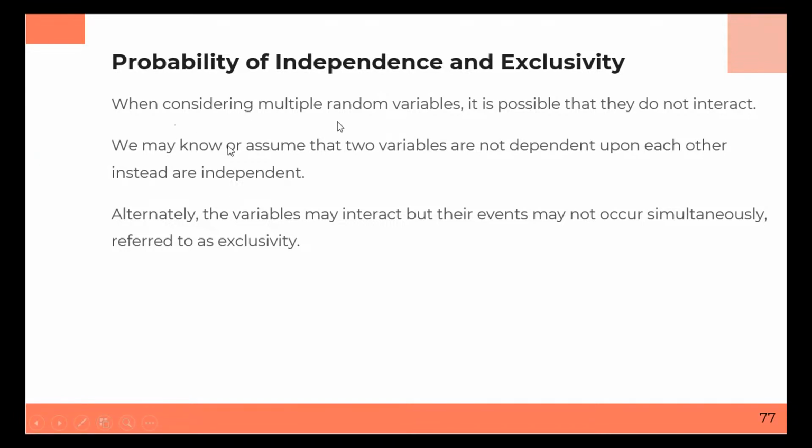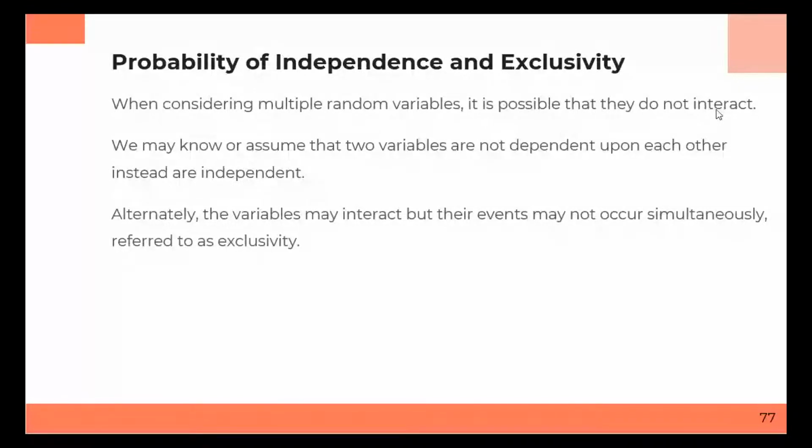When considering multiple random variables, it is possible that they do not interact, or they are independent variables. Like I told you, two dice, when you roll them, both of them do not clash with each other, right? They do not interact with each other, but still they give outcomes.